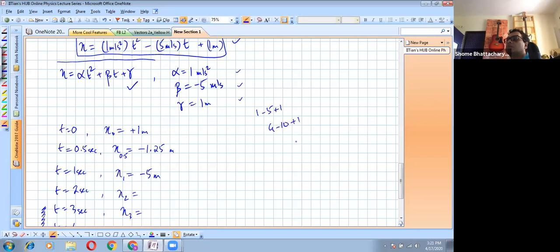So interestingly, it's again minus 5. Then at 3, you can see it will become 9 minus 15 plus 1. Like that, just keep calculating the values.